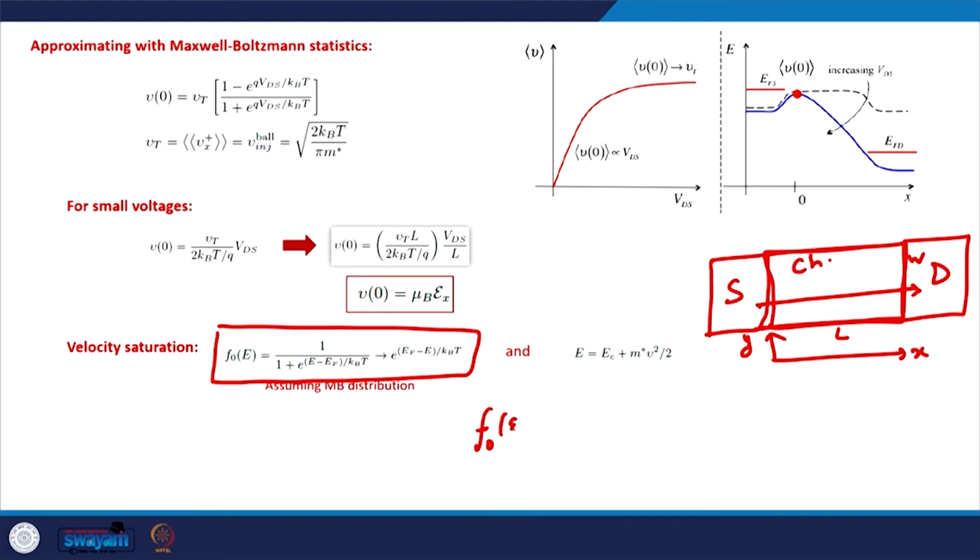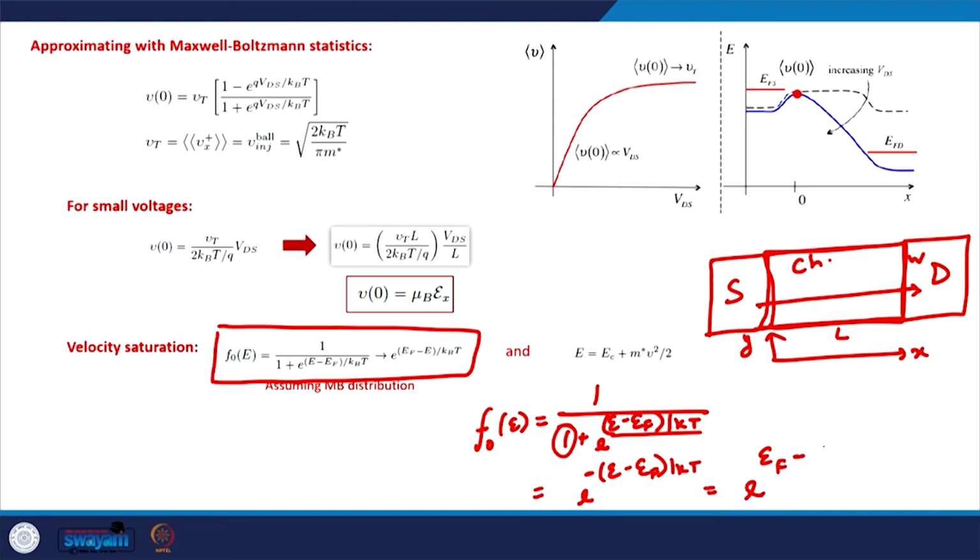that this is how the electrons are distributed in various energy levels in the device. And just now we saw that for non-degenerate semiconductors, we can approximate this. This factor is large, so this 1 can be ignored. So ultimately this becomes exponential of minus (E minus EF) by kT, or (EF minus E) by kT.